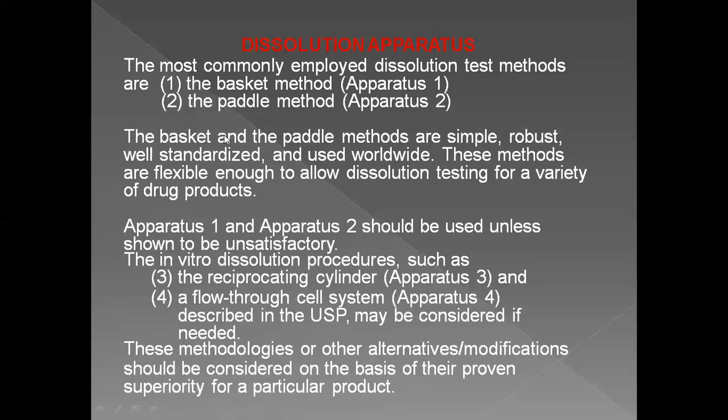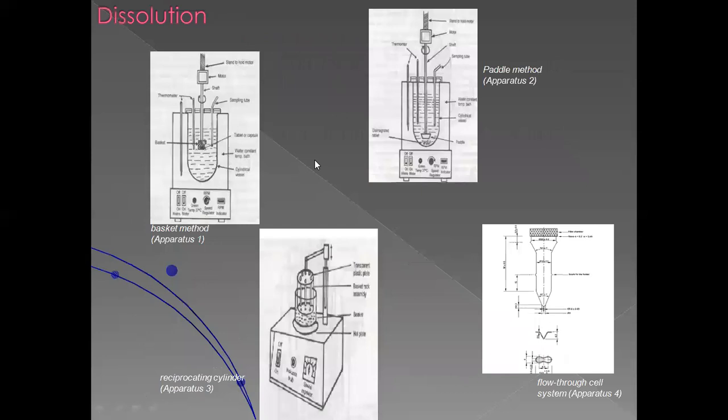Apparatus 1 is the basket and apparatus 2 is the paddle. For tablet testing we generally use the paddle type. For floating or a bead type that can be directly exposed to the liquid, we use the basket type apparatus. Here is the schematic diagram of that.